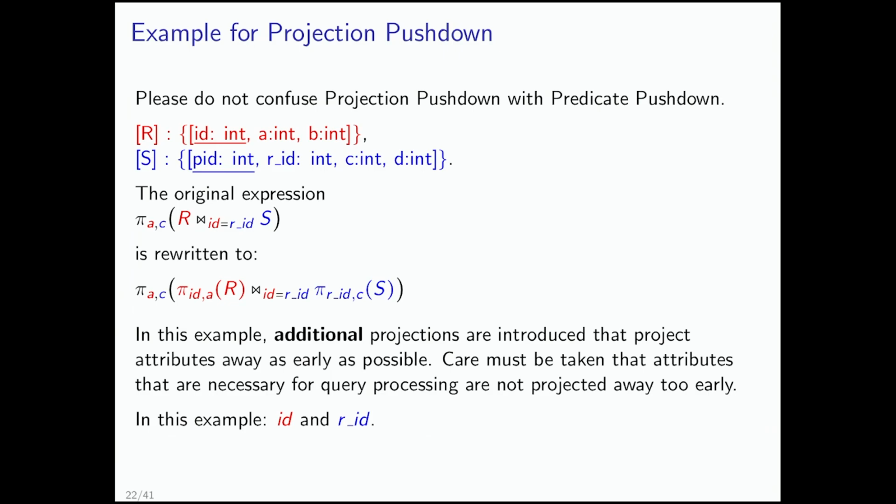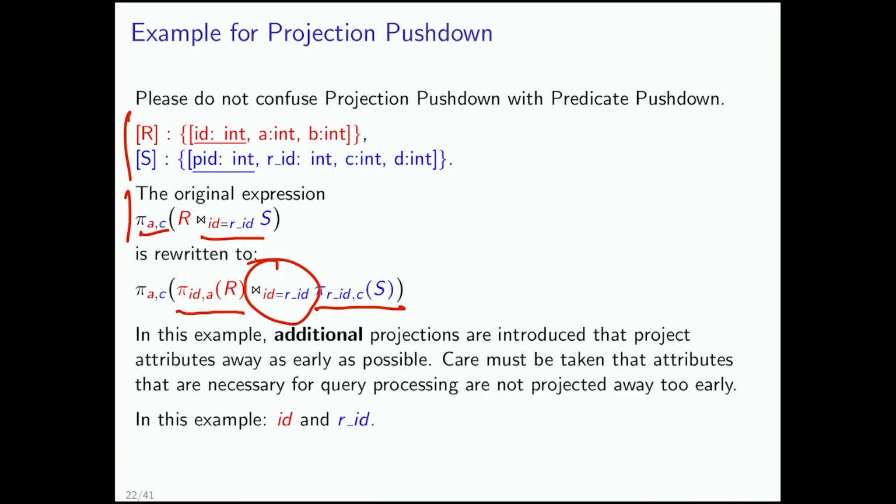Assume you have these two relations, R and S, defined with those schemas here. The original expression is something like this: a foreign key join on R and S, and then there's a projection. Now we rewrite that to the following. Before doing the join, we first do the projection here, and then we do the projection there, and the result goes into the join.